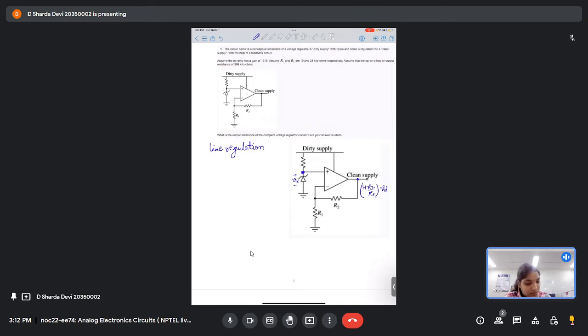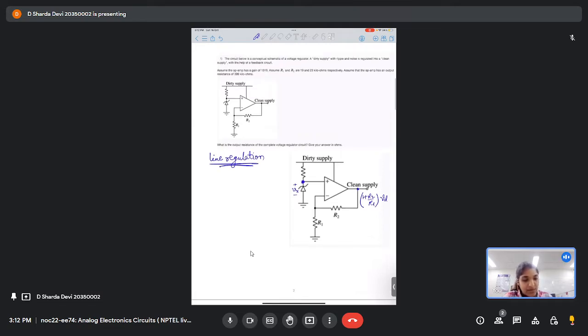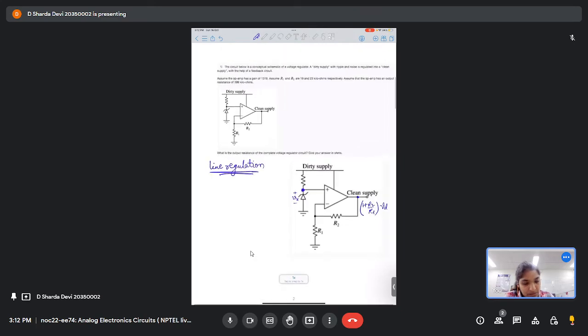Now coming to this particular question, here what is given, that the circuit below is a voltage regulator. A dirty supply with ripple and noise is regulated into a clean supply with the help of the feedback circuit that is shown below.